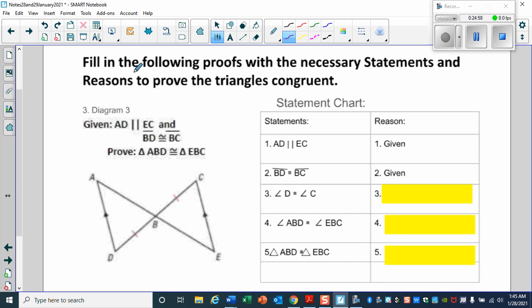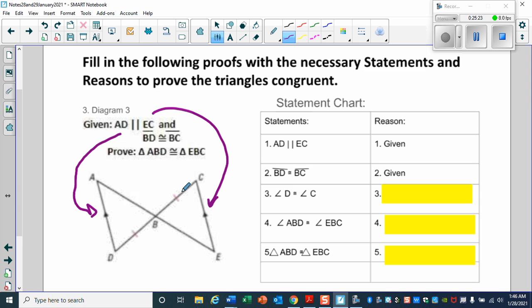So now, number 3, we're given AD and EC are parallel, and that's from the arrows. That's how we're going to prove it. If you have arrows, that's going to prove it, because that's going to help us with these angles, and I'll tell you why.